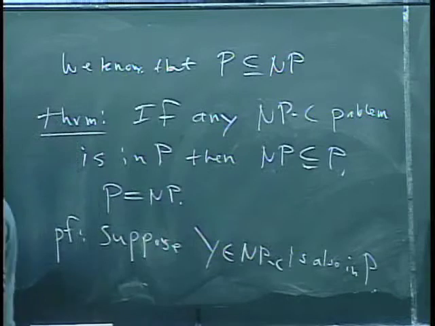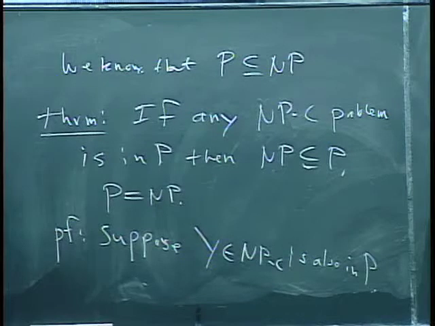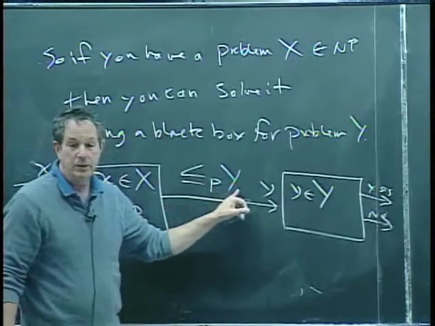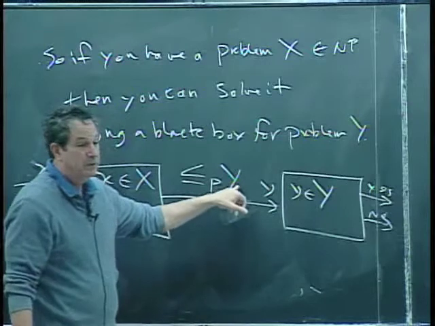Well, what's the proof of that? Well, any problem, for example, problem X or language X, that's in NP, can be reduced in polynomial time to problem Y or language Y. That's what it means for Y to be NP-complete.